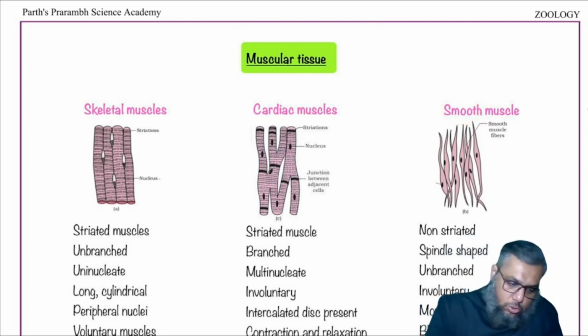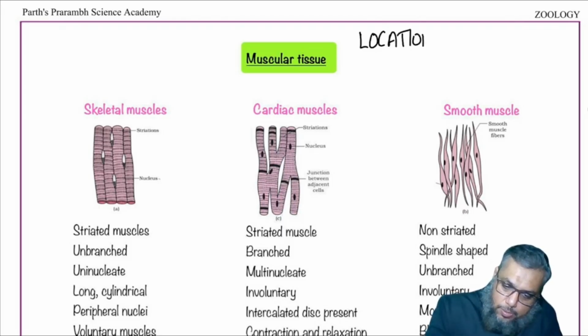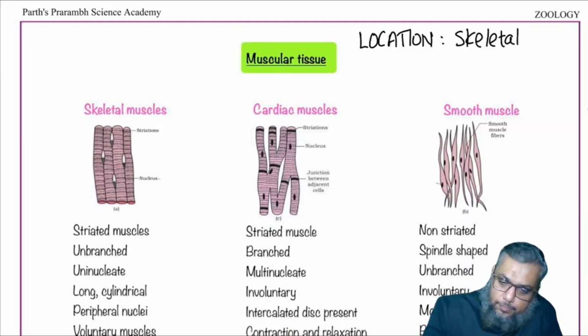Okay, so just briefly, according to their location, it is skeletal, cardiac, and visceral.